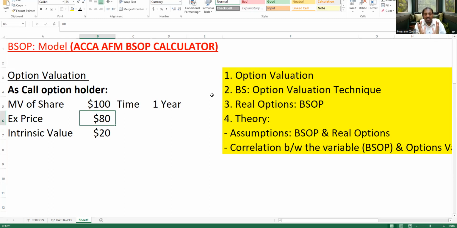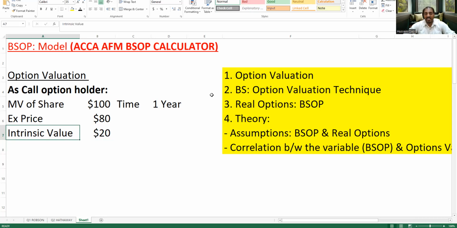I don't know the exact share price after 1 year, but today, whatever right I have, I can get an advantage, or the value of my advantage is $20. This is intrinsic value.